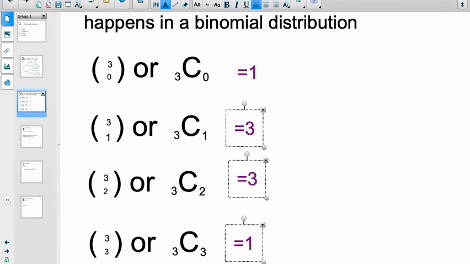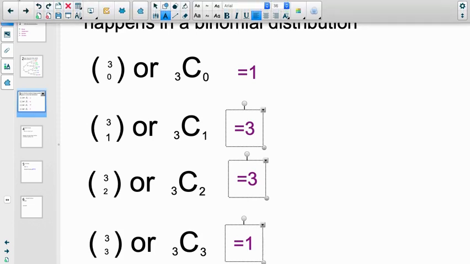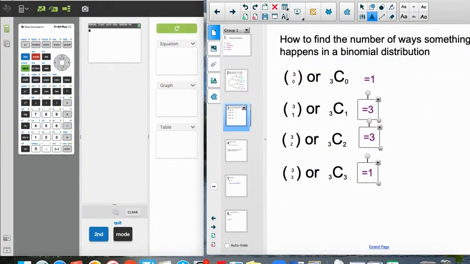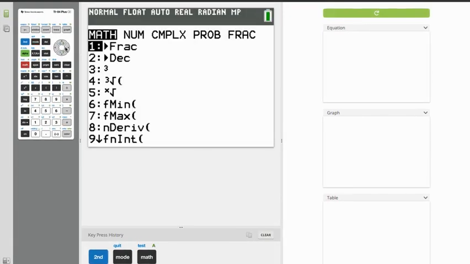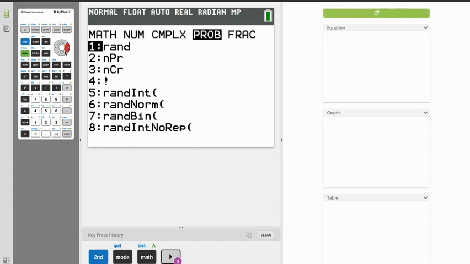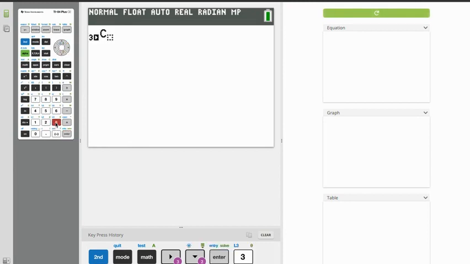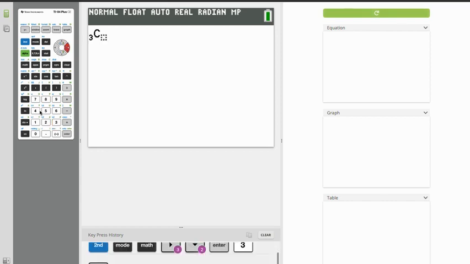To do that on your calculator, if you don't remember, you go to math, over to probability, and it's nCr. Let's just do 3 choose 2, and that is 3.